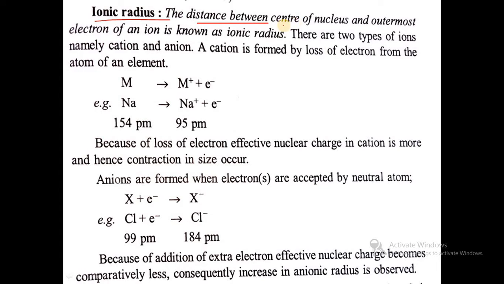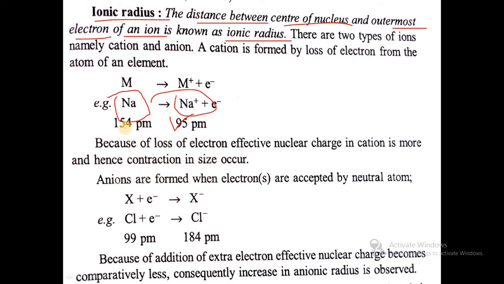The distance between the center of the nucleus and the outermost electron of an ionic form is known as ionic radius. The only difference between atomic radius and ionic radius is that here the outermost electron is in ionic form. For example, in the case of Na, if we measure the atomic radius, we consider sodium Na, but in the case of ionic form Na+, the radius is called ionic radius.